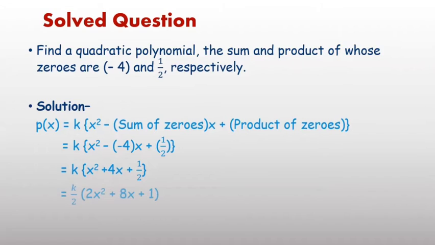By taking LCM, k upon 2 into 2x square plus 8x plus 1, where k is a non-zero constant. For different values of k, you will get different polynomials having the same condition as sum minus 4 and product of zeros 1 by 2.